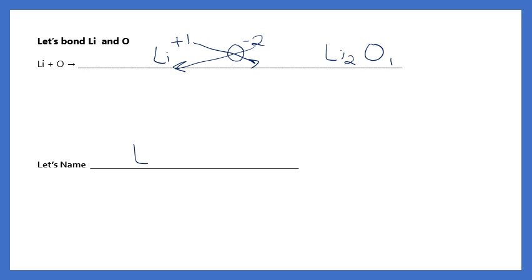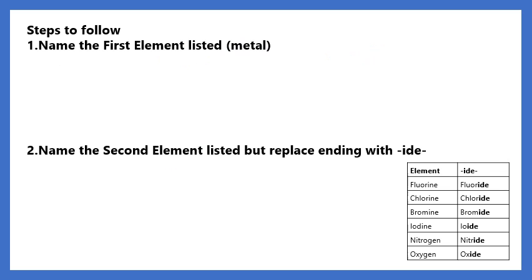So let's name Li2, oxygen 1. Let's give it a name. So the first thing you want to do is name the first listed element. So lithium, Li is lithium.